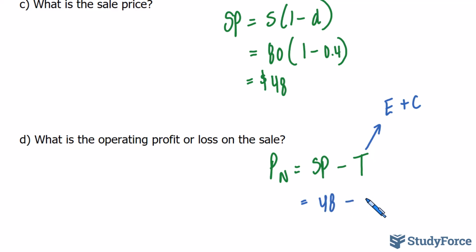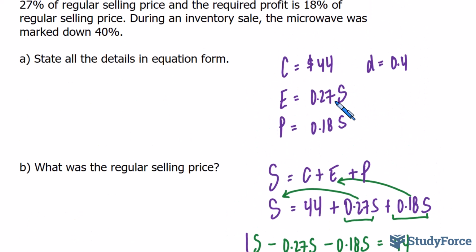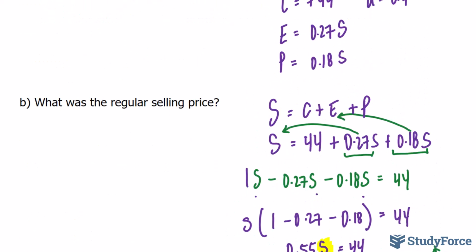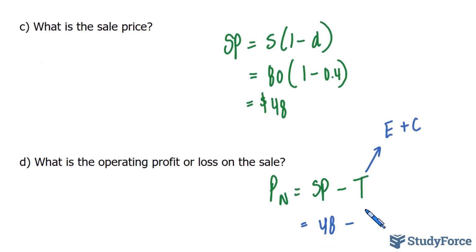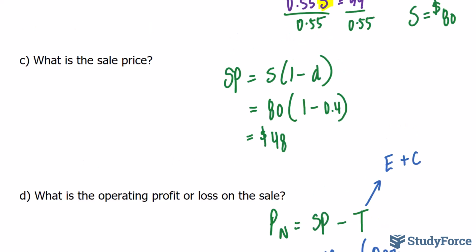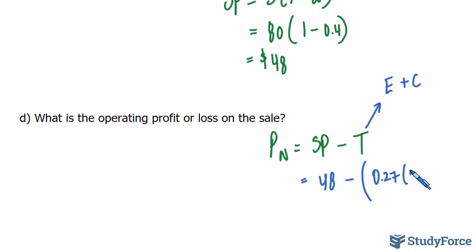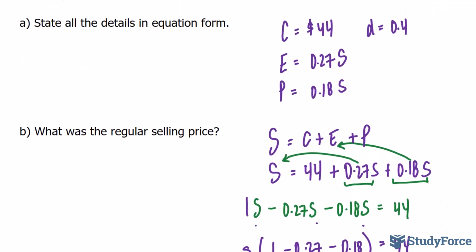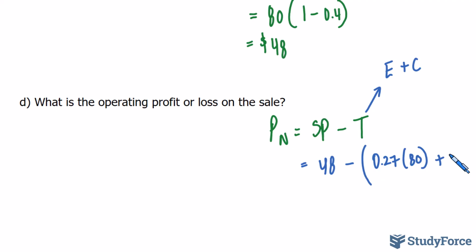Our expense, if we go back, it was 0.27 of S. So I'll write down in parentheses 0.27 of our selling price of $80. Right? That's E plus our cost. What was that? Our cost was $44.